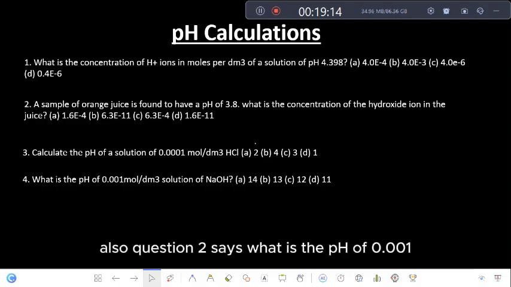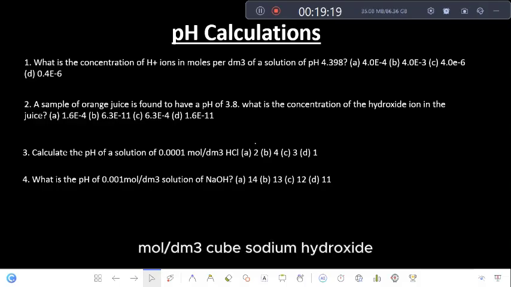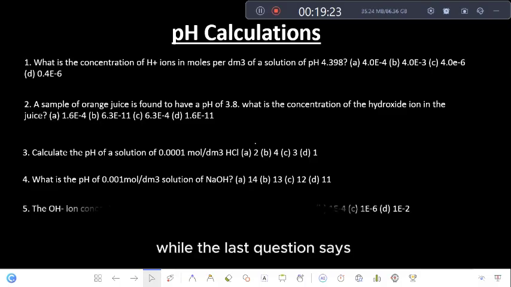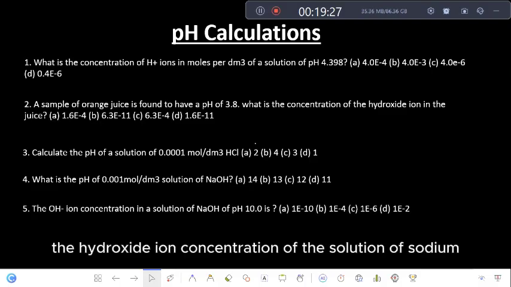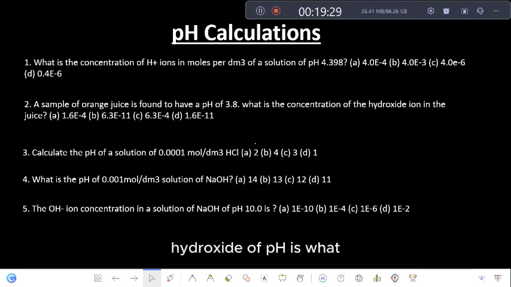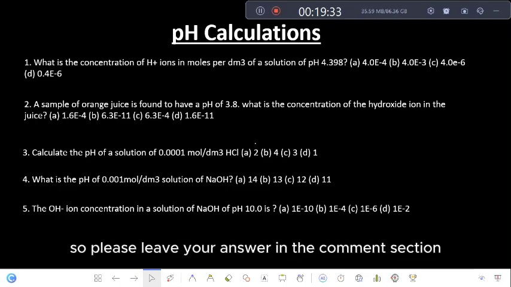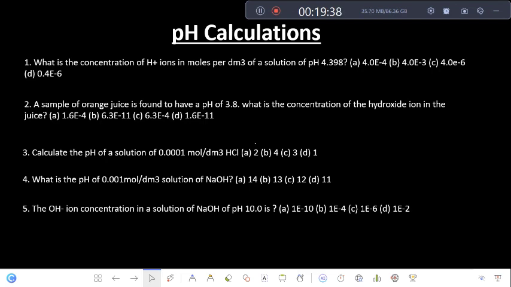Question 2 says what is the pH of 0.001 mole per dm cube sodium hydroxide, while the last question asks for the ion concentration of the solution of sodium hydroxide of a given pH. So please leave your answer in the comment section.